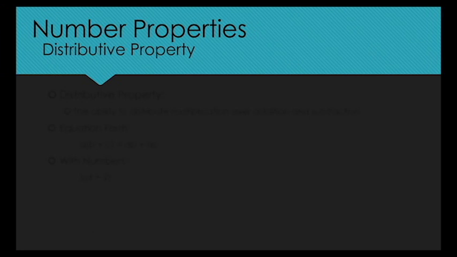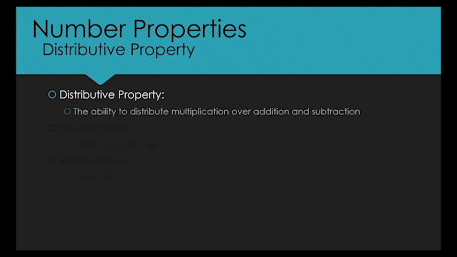The third property is called the distributive property. The distributive property means that we distribute multiplication over addition and subtraction. So, multiplying a number by a sum is the same as doing each multiplication separately. Here's the property in equation form.